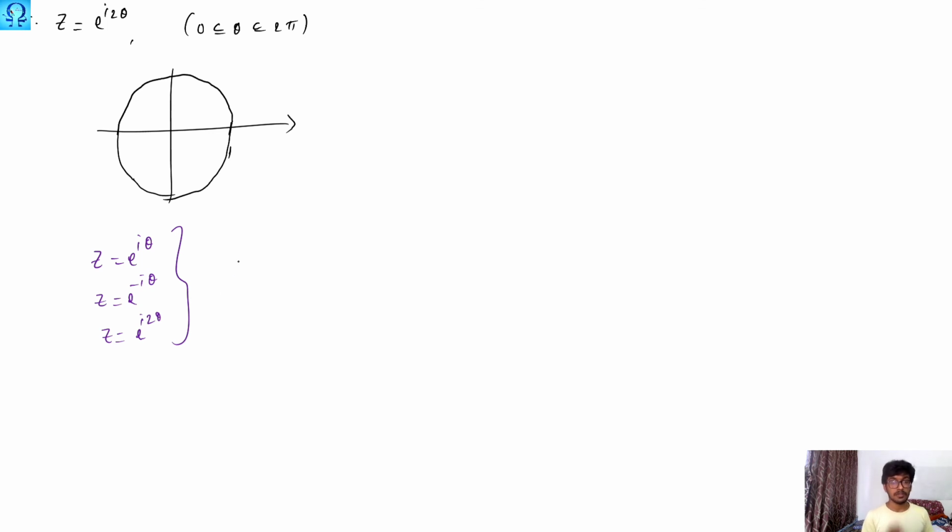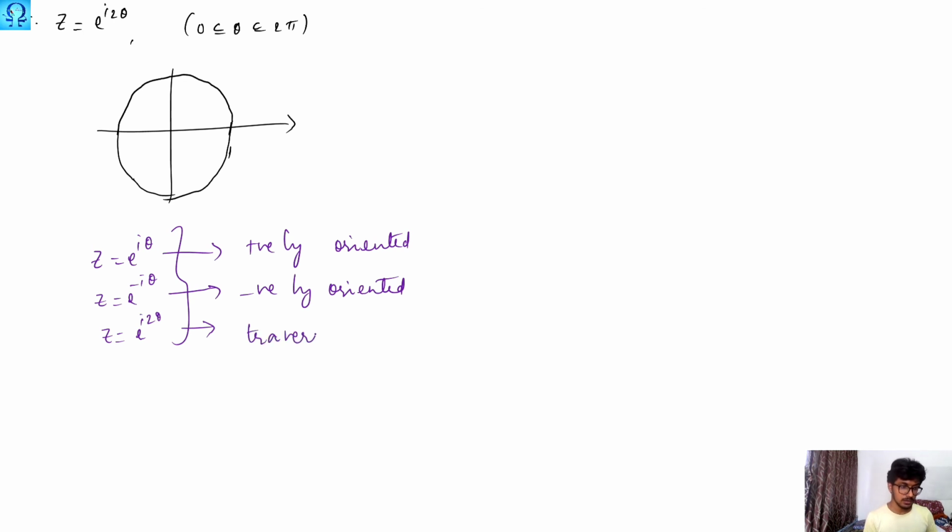When we plainly look, the curves are exactly the same, but these three are different, because the first one is positively oriented, the second one is negatively oriented, and the third one is traversed twice in the positive direction.